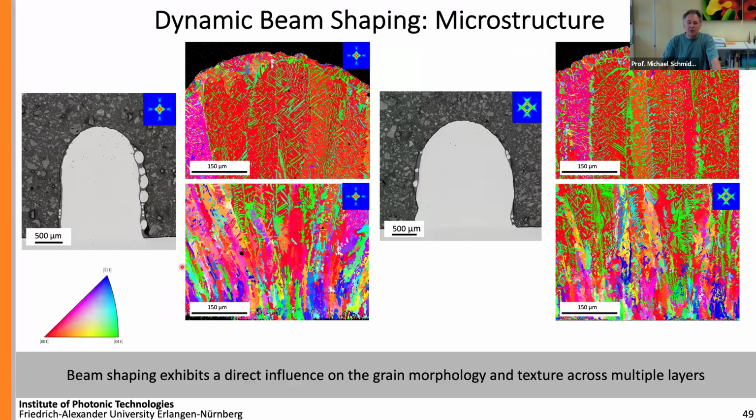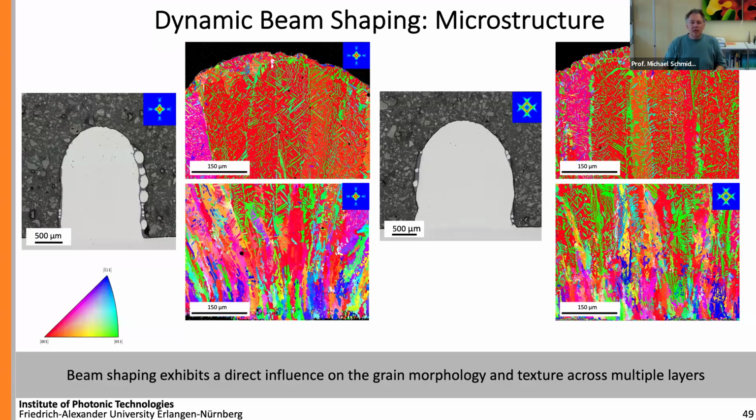Looking a bit more at the microstructure, you can see with the star-shaped one here on the left side that especially in the lower area, so the base plate is directly here, it looks quite interesting because it looks like the grains depart a bit, so they have a divergence angle.